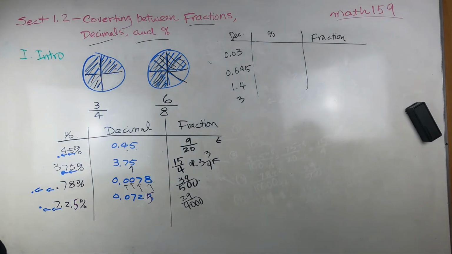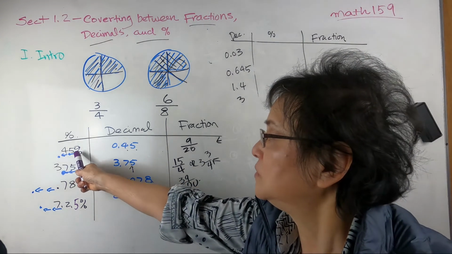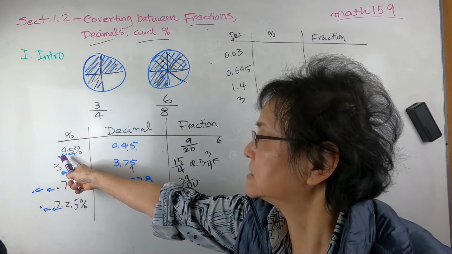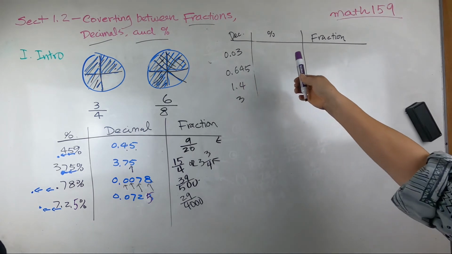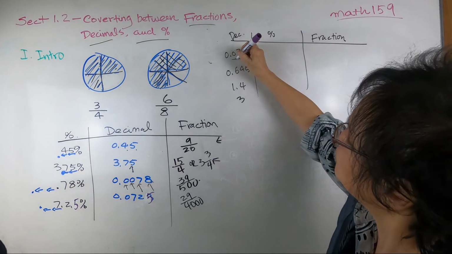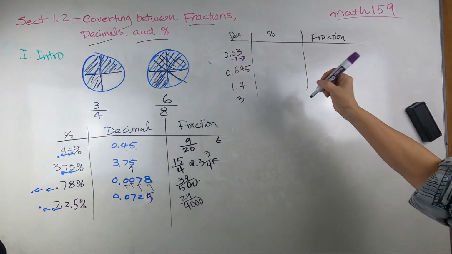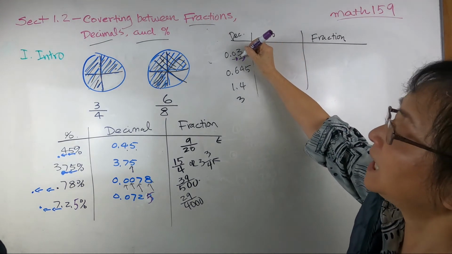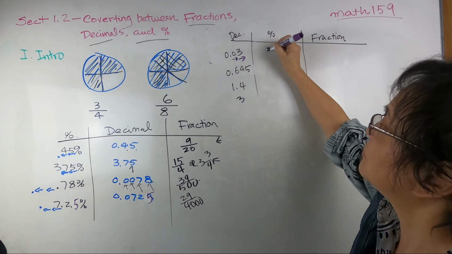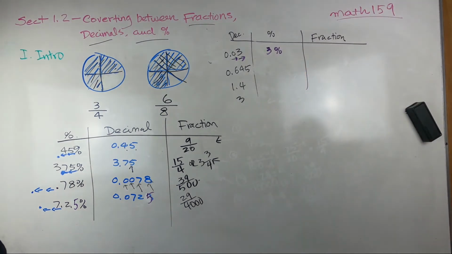Right? For percentage to decimal, you move left 2 places. Then for decimal to percent, you need to move to the right 2 places, to the per hundredth place. So that would be what? 3%, right?